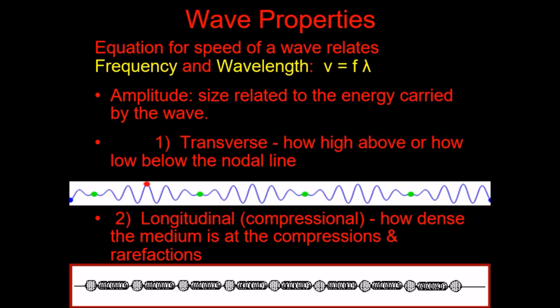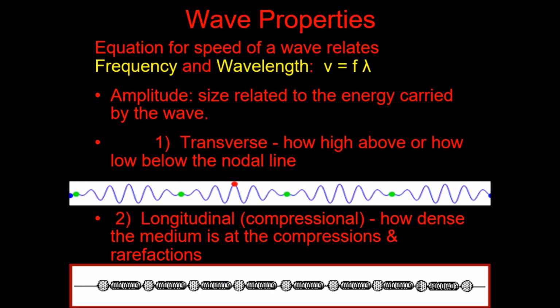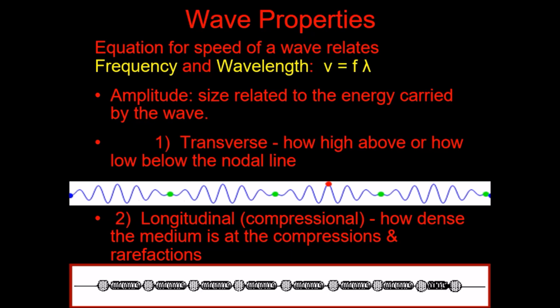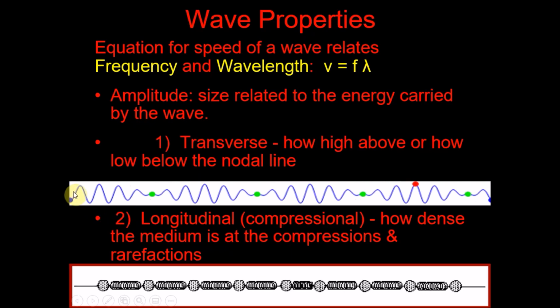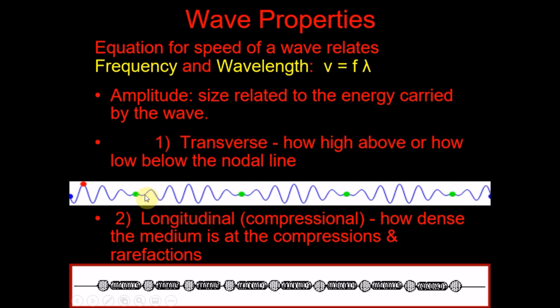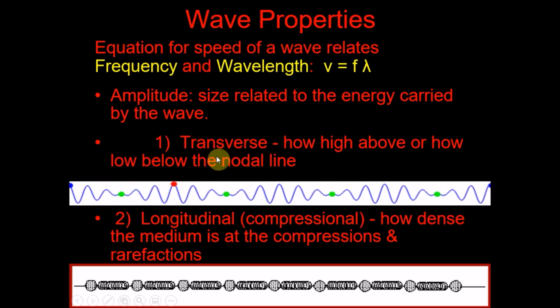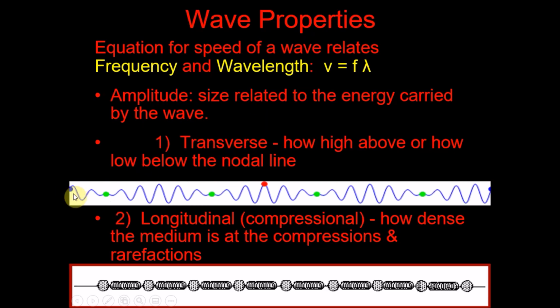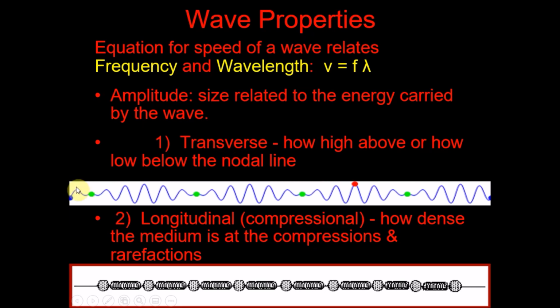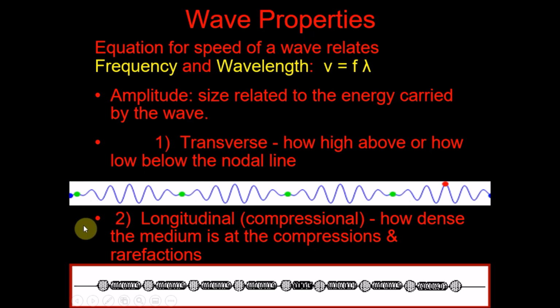Now, as said before, we have a transverse and a longitudinal case. The transverse case, shown here, of this oscillator bouncing up and down, is really measured by how high above or below the center zero or nodal line our oscillator goes.